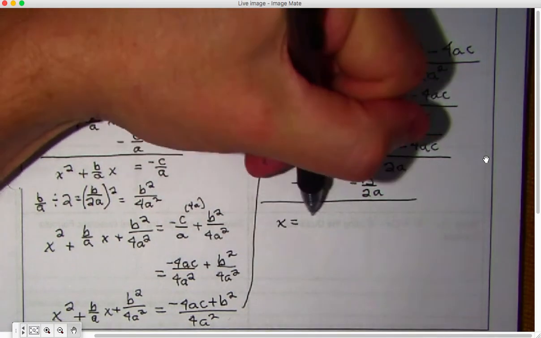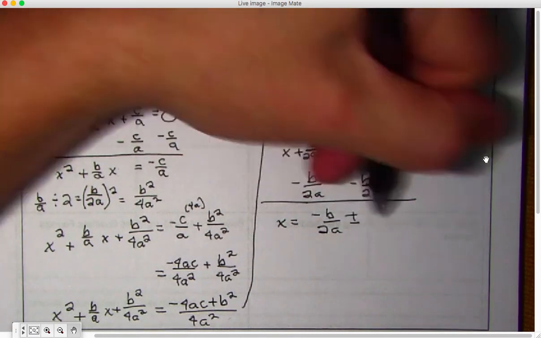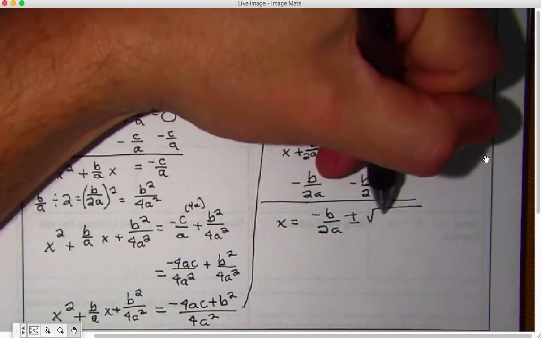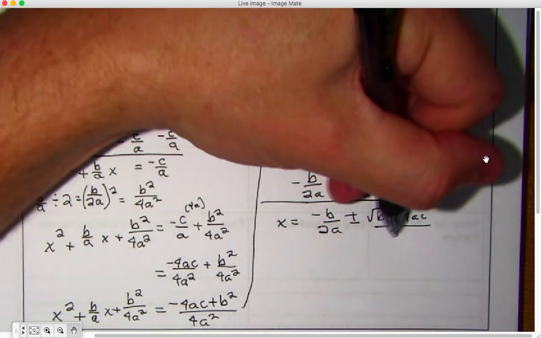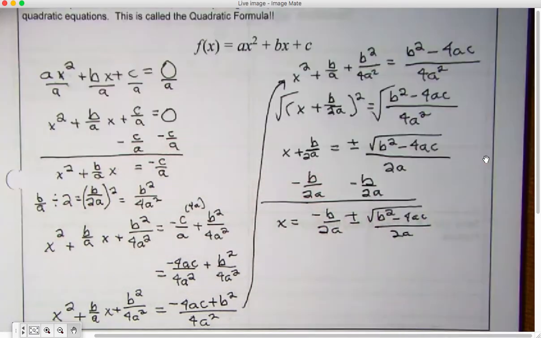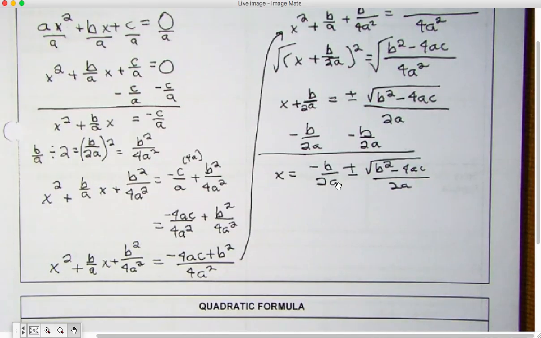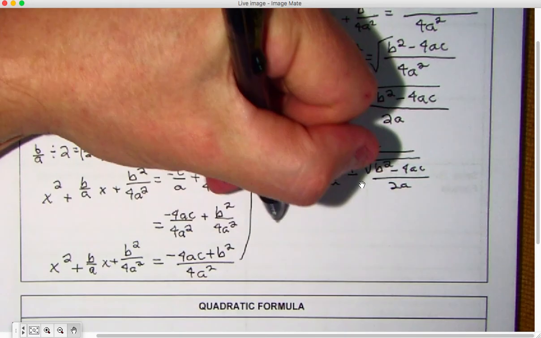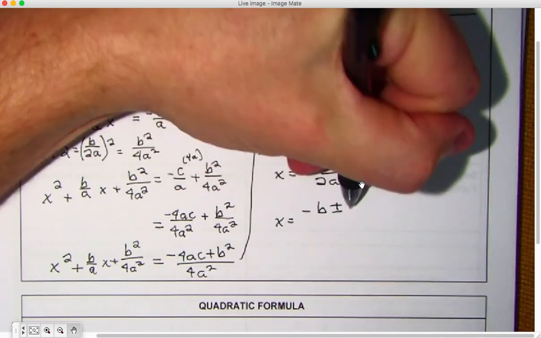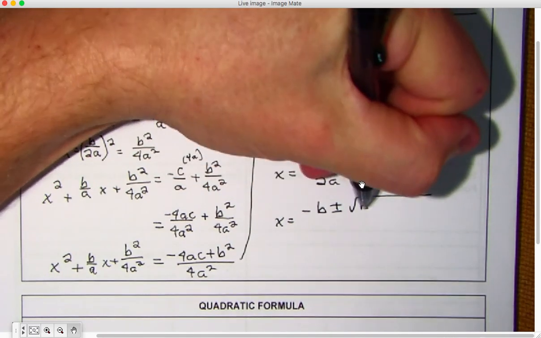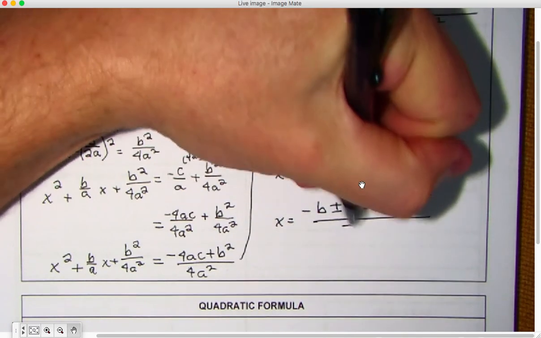X equals negative b over 2a plus or minus the square root of b squared minus 4ac, the whole thing over 2a. And because both of these things are over 2a, we can combine them. So x equals minus b plus or minus the square root of b squared minus 4ac, the whole thing over 2a.